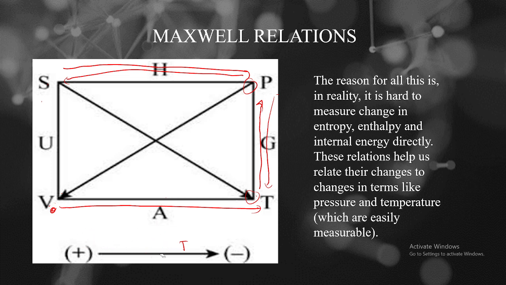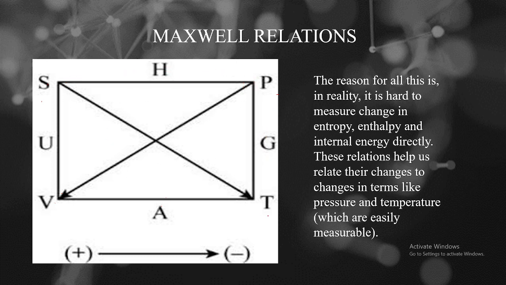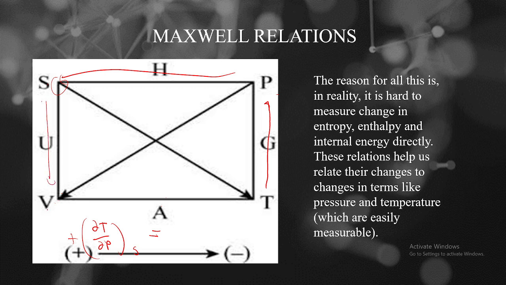So let's start at T instead. So now if I'm starting at T, I'll have del T, and now I move to P, anti-clockwise still. So del T, del P at constant S, right? Then at constant S, there's no arrowhead here, so it's positive. Is equal to, I have to now include the last symbol.